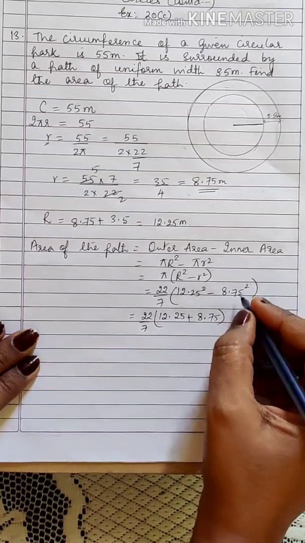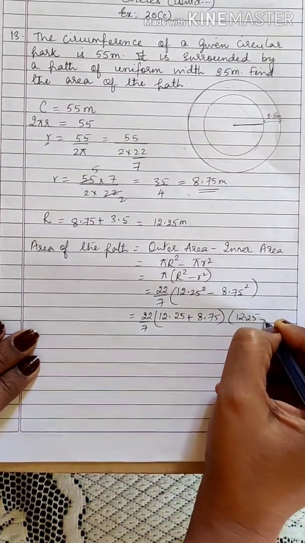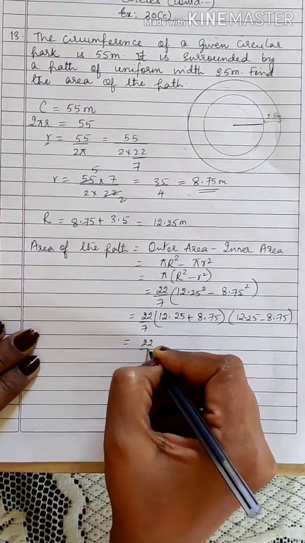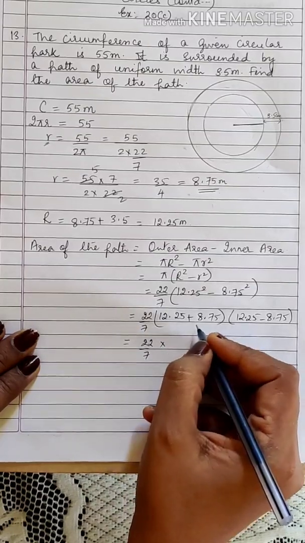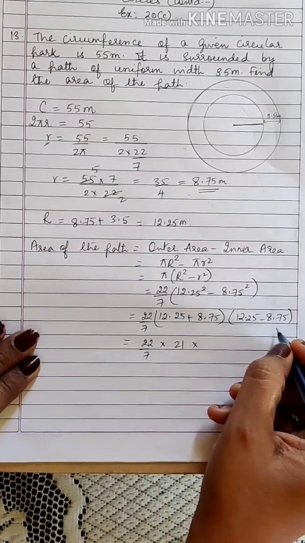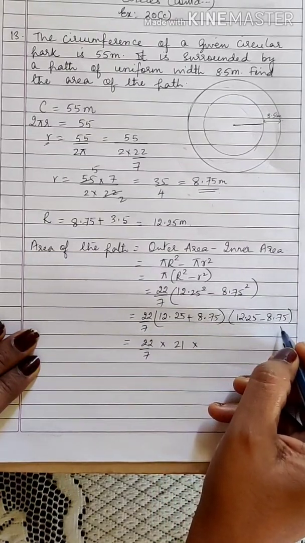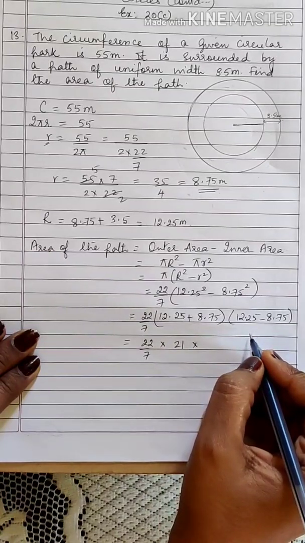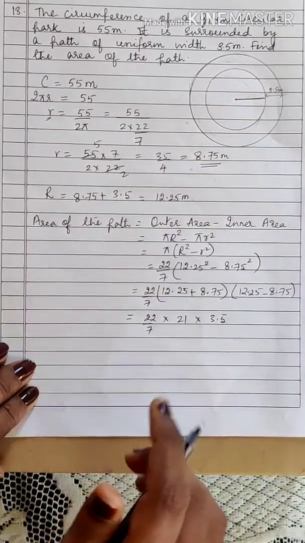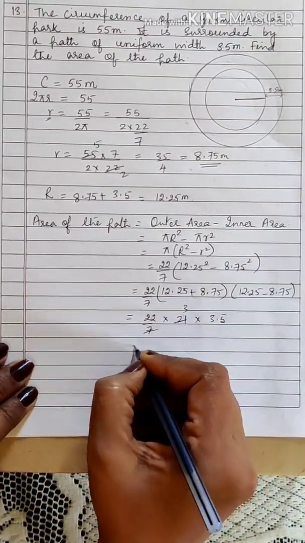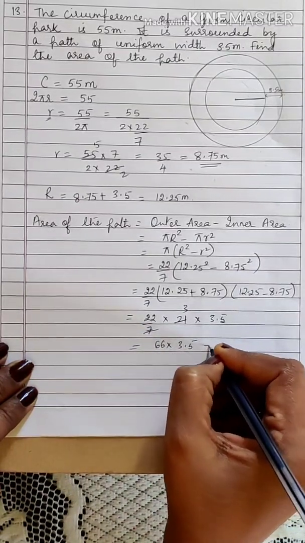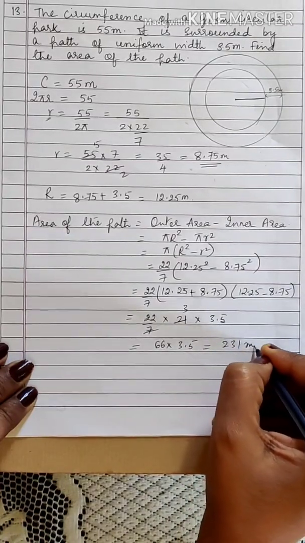You need not square it. 12.25 minus 8.75, which will be equal to 22 by 7 into, this becomes 21 into, this is 12.25 minus 8.75, which will be equal to 3.5. So you get 7 3s are 21, 66 into 3.5, which is equal to 231 meters square.